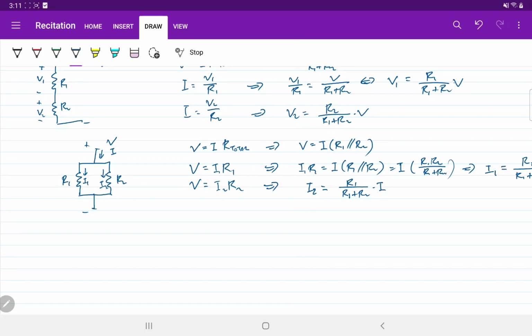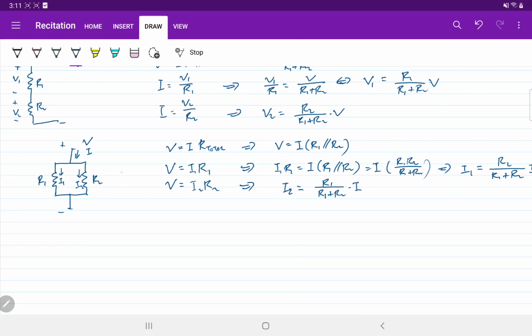So the current flowing through R1, if R1 is bigger than R2, meaning that R1 has more resistance than R2, then the current flowing through R1 should be less than the current flowing through R2, right? Because R1 has greater resistance.